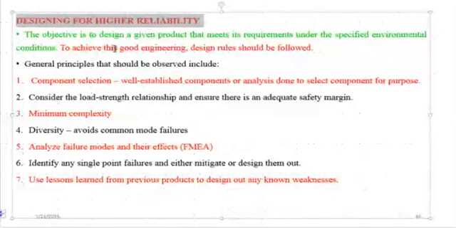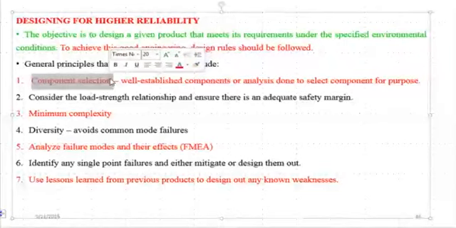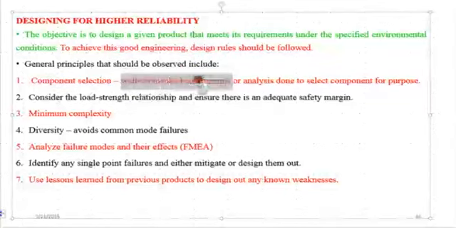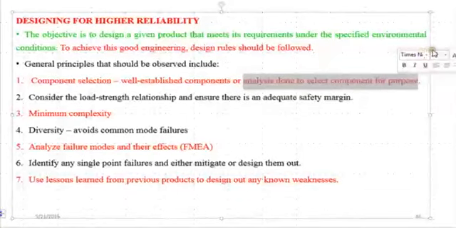And how do we do that design that will reduce the failure rates and hence improve the reliability? The first thing is the component selection. Whenever you're doing this kind of design, you should select well-established components that are already known to be perfect. And if they are not available, you have to carry out analysis in order to select the right components.